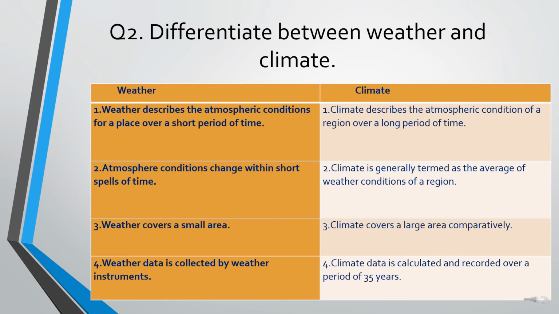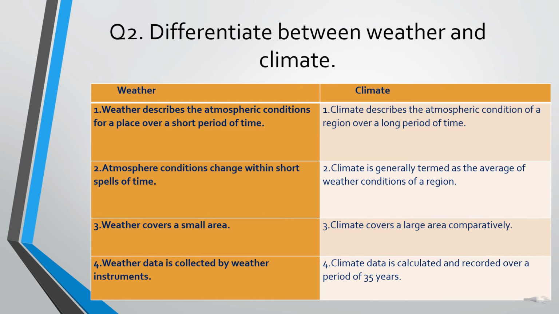The first difference: weather describes the atmospheric conditions of a place over a short period of time, whereas climate describes the atmospheric condition of a region over a long period of time.